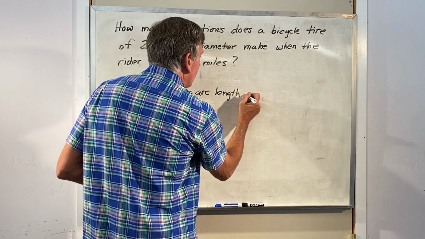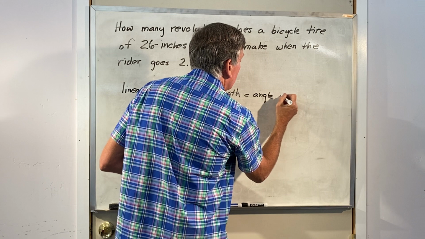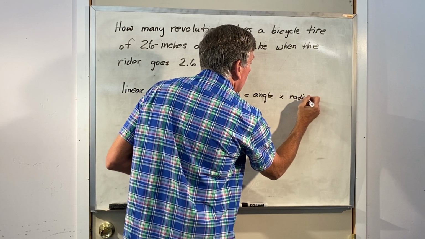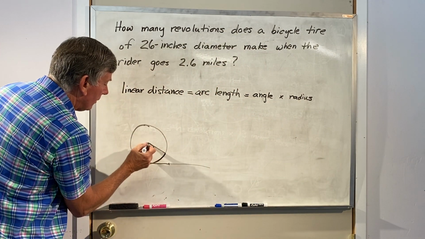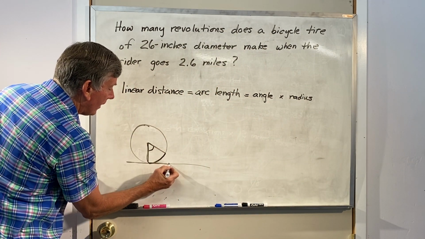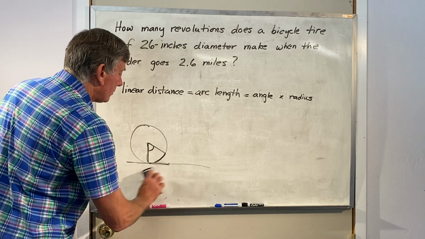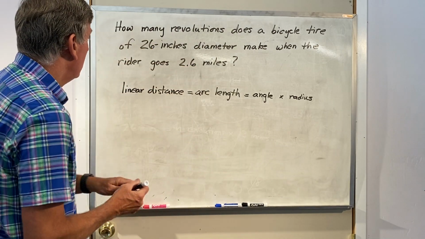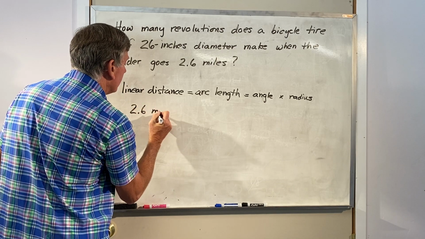And that arc length is equal to the angle times the radius. This angle times this radius is going to tell us what this length is. So let's make this problem. The linear distance we know is 2.6 miles.